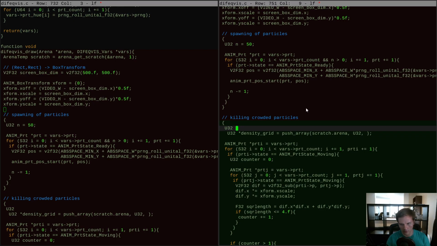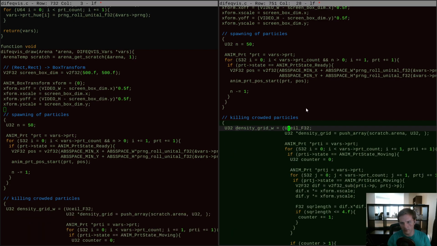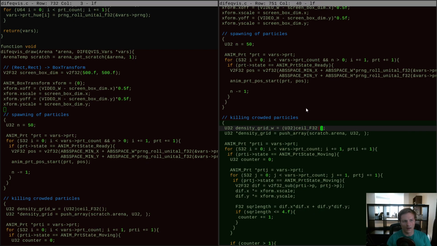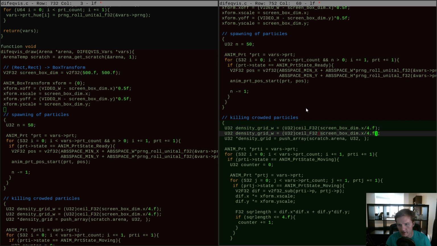So density grid width will be the ceil F32 U32 of screen box dim dot x. Let's say I want about 4 pixels in each box.